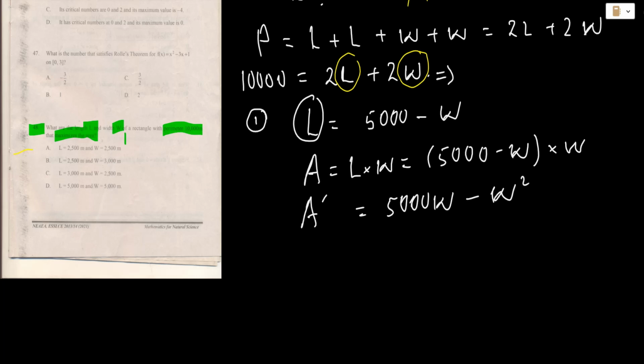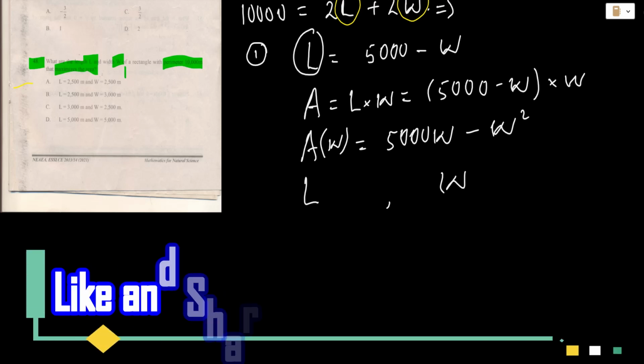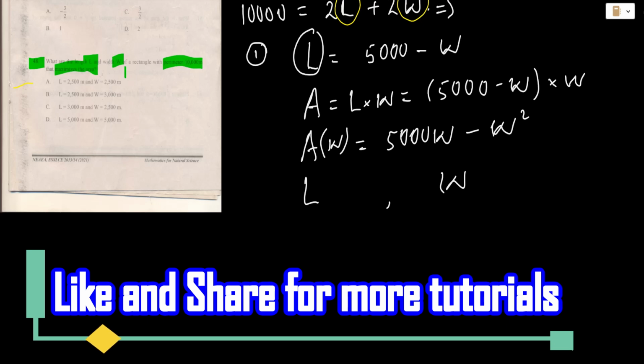So this is the area function in terms of W. We have to find the length and the width that maximizes the area, so we need to find the critical numbers. To maximize the area, we need to find the critical numbers of the second equation.